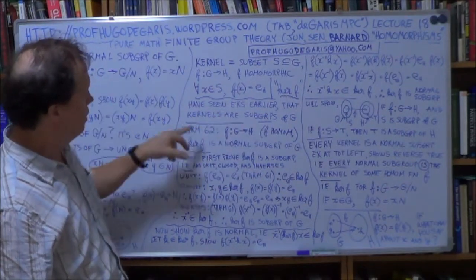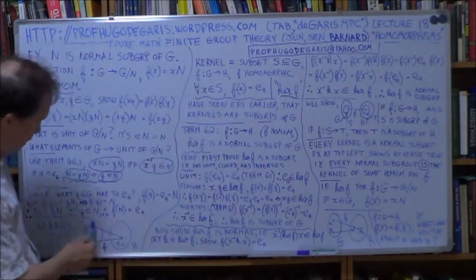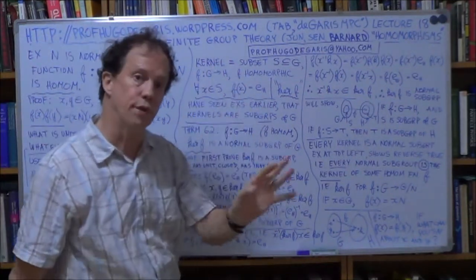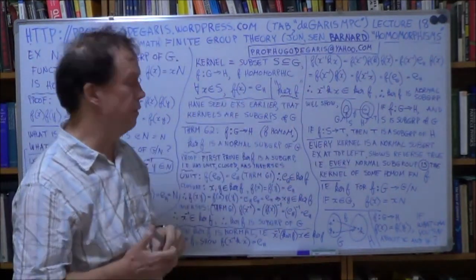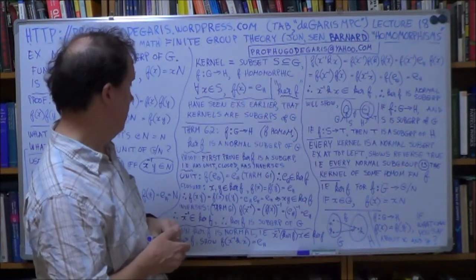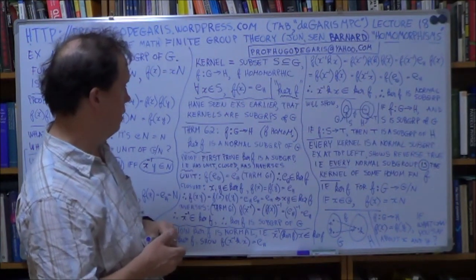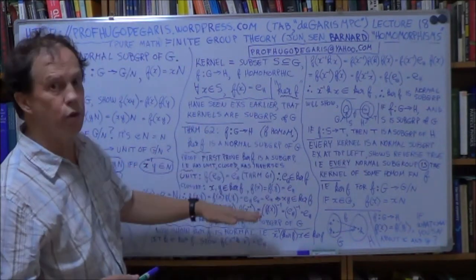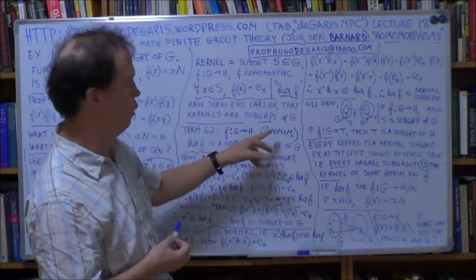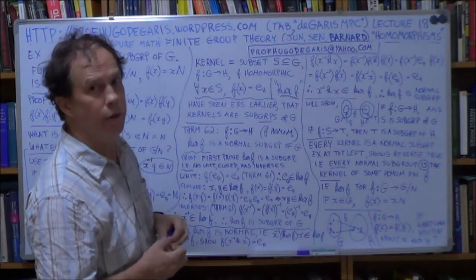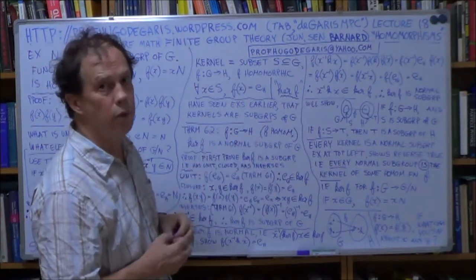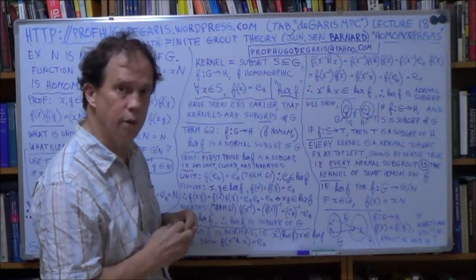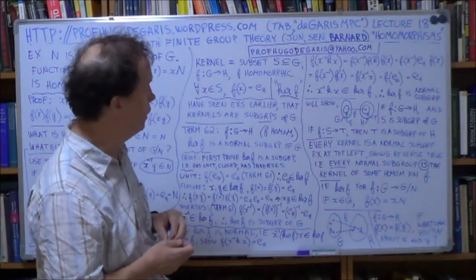Now, we've seen several examples where these kernels, these subsets that map to the unit here, are actually subgroups, not just subsets. So here we will prove that a kernel is a subgroup. In fact, we'll go further. We'll show it's not only a subgroup, it's a normal subgroup, which is interesting.